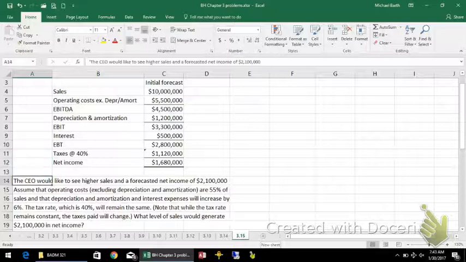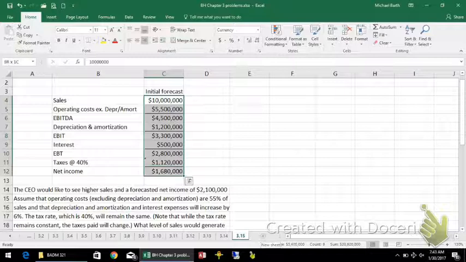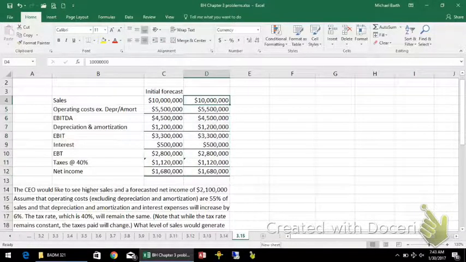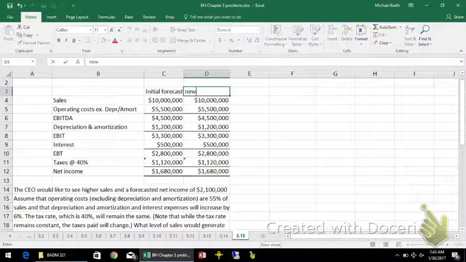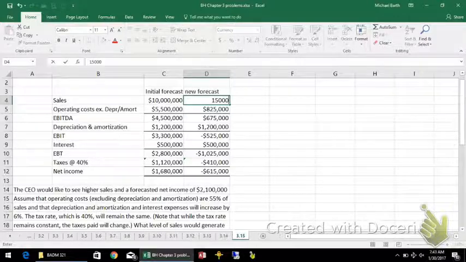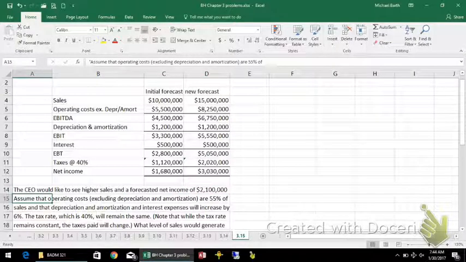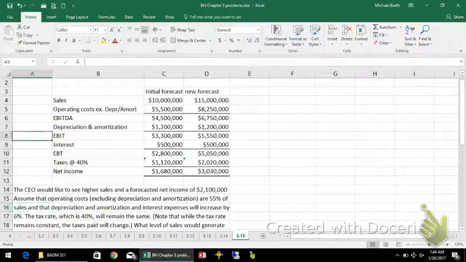What you're asked to do is forecast through here and come up with a new value of sales. Let's say that we forecast 15 million in sales. The operating costs automatically go up because sales go up, so they're forecast to be 55% of sales, given in the problem.